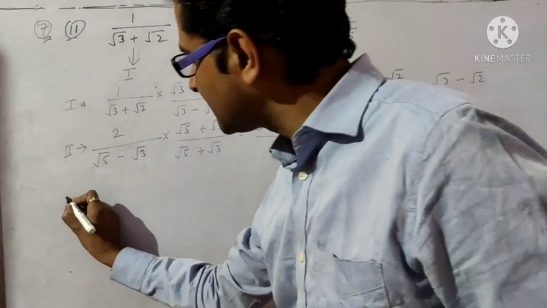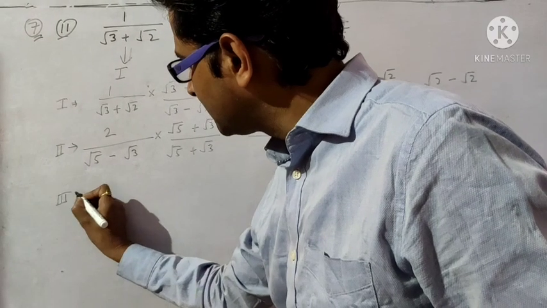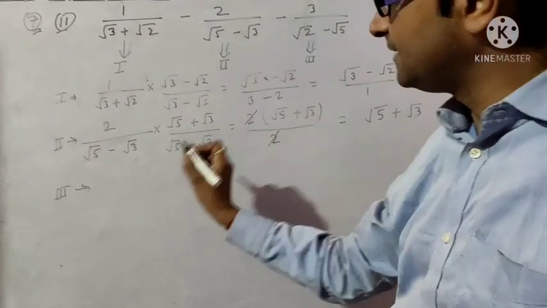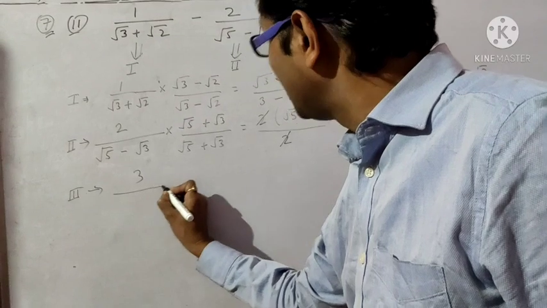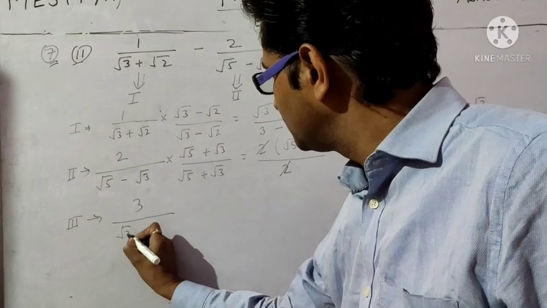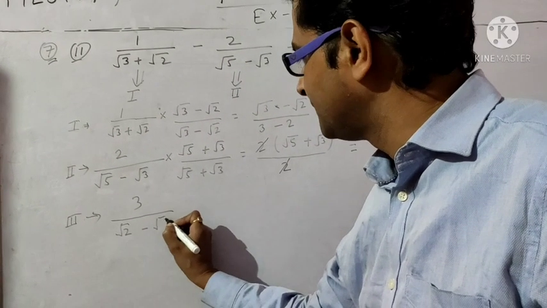And the last solution, that means the third term, is 3 divided by root 2 minus root 5.